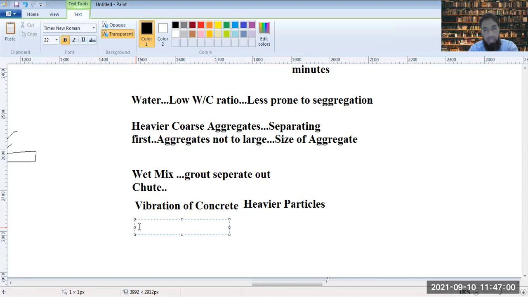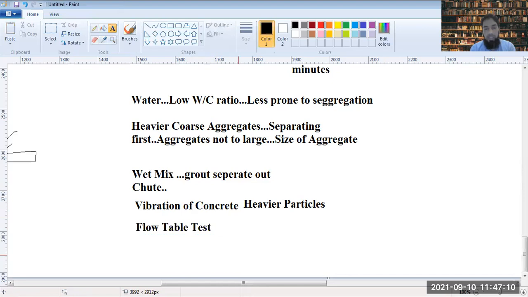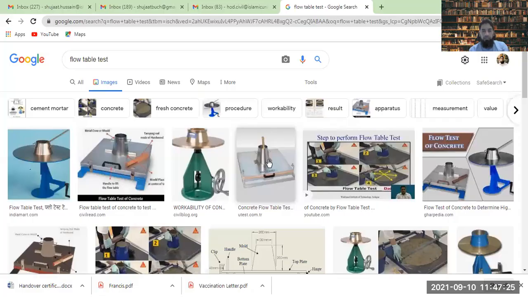And then, you can also measure the segregation through the flow table test. I can show you the picture of the flow table test. This is the flow table test.